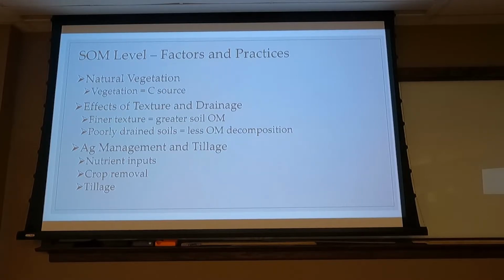The effects of texture and drainage, that's a finer texture. We're going to have greater soil organic matter, but we're going to get less organic matter decomposition. So in those entisols and those inceptisols, especially in the Mississippi Delta, kind of the alluvial floodplains is where the sand settles out, and they're new soils.